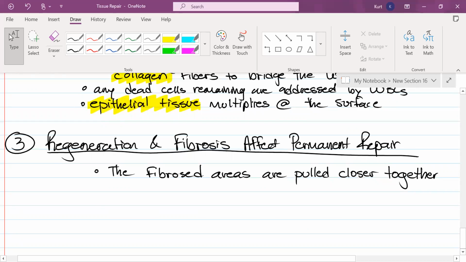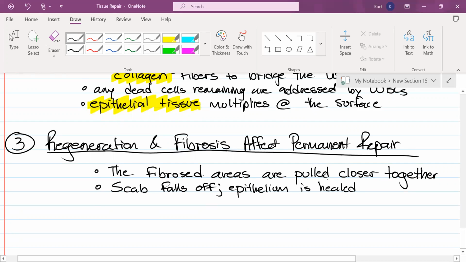Collagen is like the glue of your body. It's got to close that wound. The scab falls off. The epithelium is healed. Your epithelium is going to be your epidermis. Scar tissue may be present.